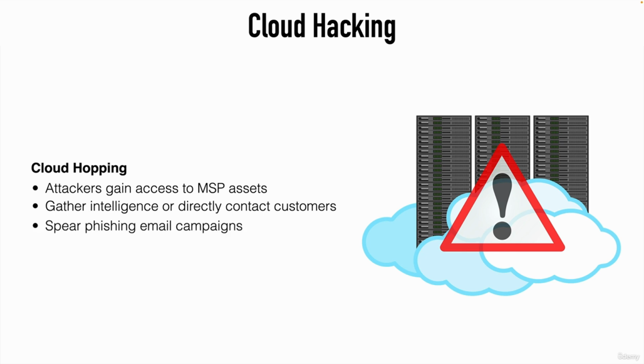With data gathering and reconnaissance, they may use this information to perform spear phishing campaigns against the MSP customers, or they may be able to obtain information about login credentials for these customer networks in some way, or obtain other types of sensitive data. Alternatively, they may also directly contact these customers through the access that the MSP has with remote access, attempting maybe to install malware for their own backdoor access, or maybe they're trying to steal data on the local customer networks or even perform denial of service attacks.